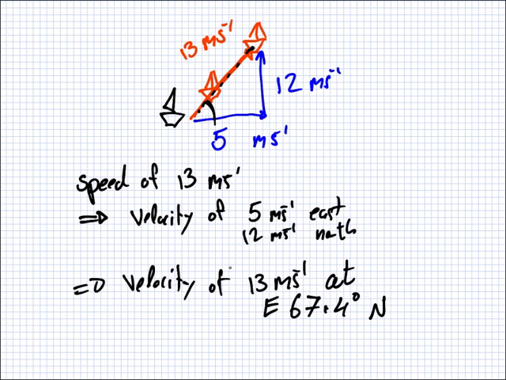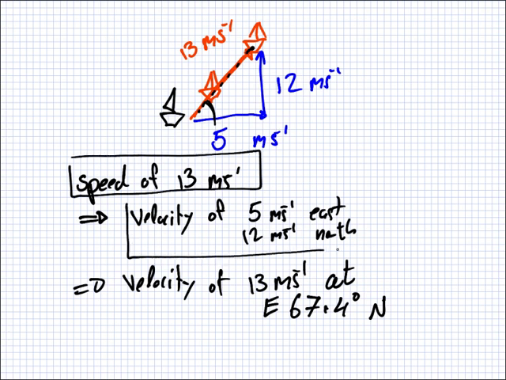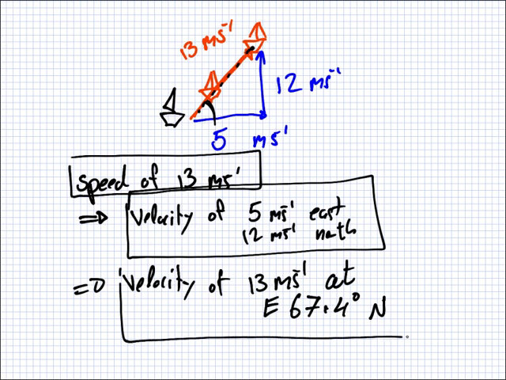These all are saying the same thing. Here the speed of the boat is 13. Here the velocity is 5 east, 12 north. Or you could say the velocity is 13 at 67.4 degrees. They're all describing the same boat. We can think of speed as the magnitude, as this length, this side.